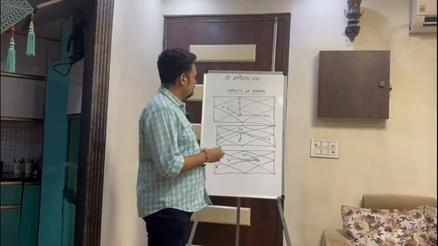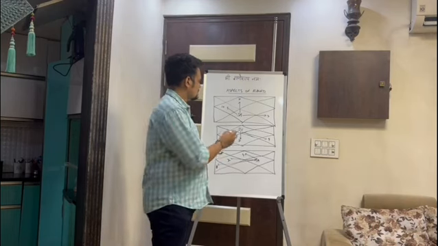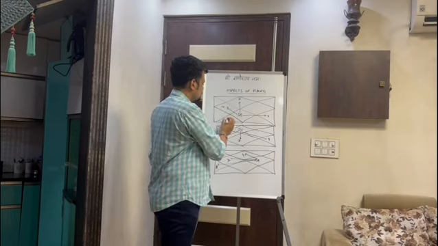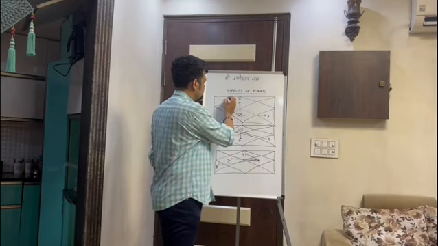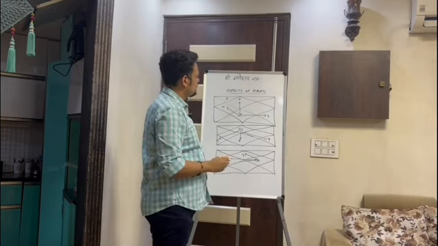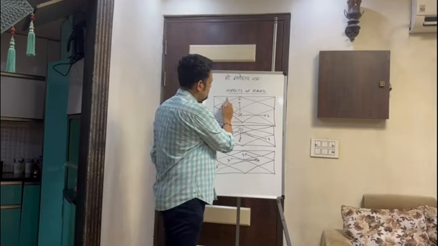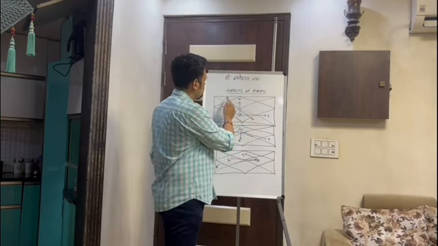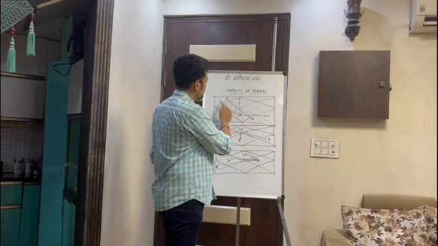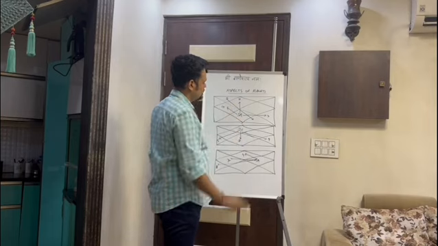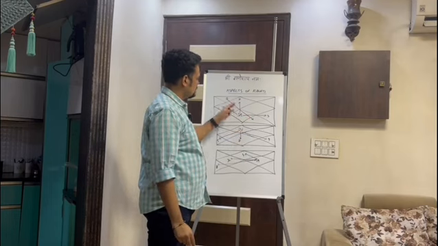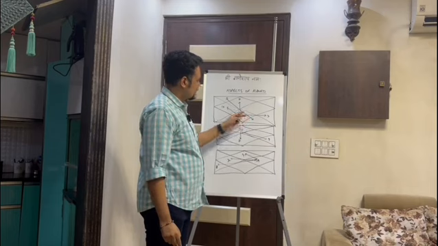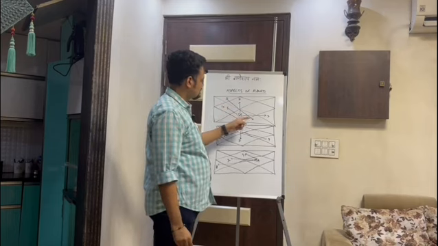I will start with Sun, Moon, Mercury and Venus. Suppose Sun is placed here, then it has the natural 7th aspect here. If you count, 1, 2, 3, 4, 5, 6, 7. Sun, Moon, Mercury and Venus are having the 7th aspect.